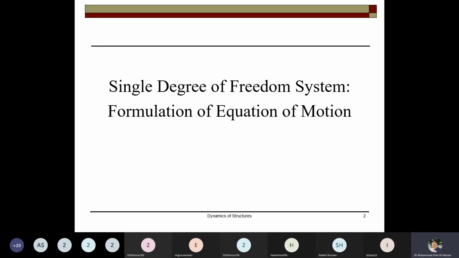So we have to compute the mass value, stiffness value and damping value with the acceleration, and similarly with the displacement and velocity respectively. So what are the different components for making the equation of motion?